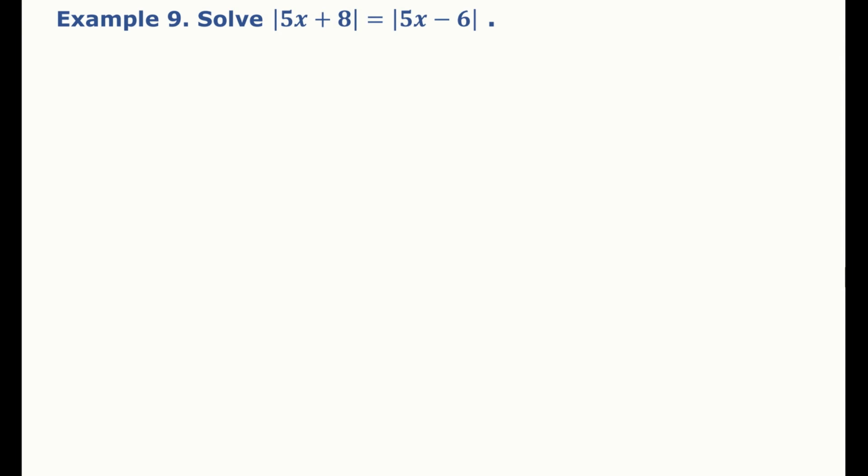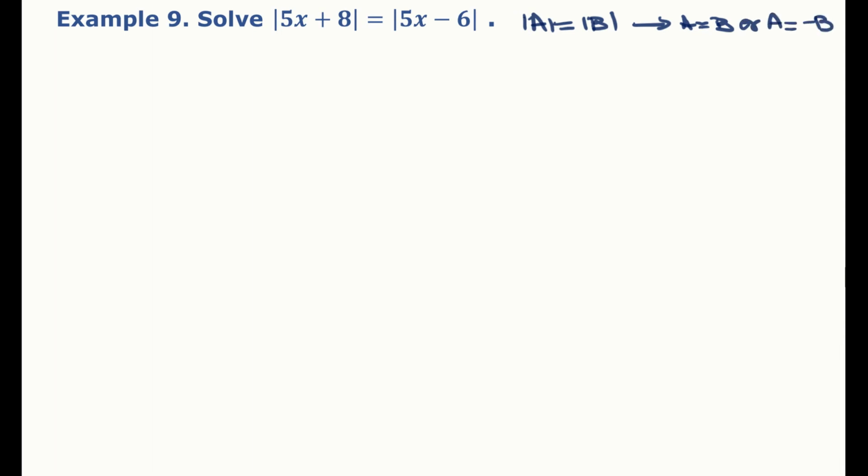Okay, so here we have a problem where we can apply the fact we just learned, namely that if absolute value of a equals absolute value of b, that implies that either a equals b or a equals the opposite of b.